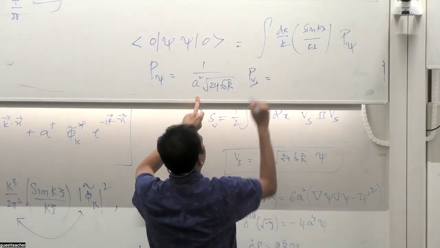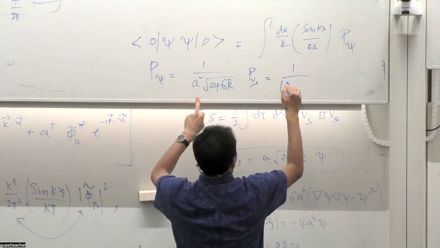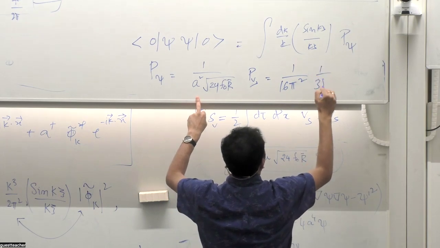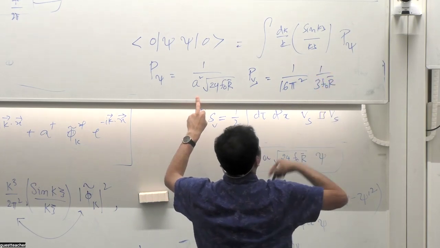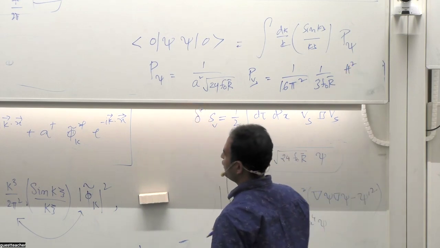This all gives you 1 over 16 pi square 3 f0 r bar, h square in the limit tau goes to 0.